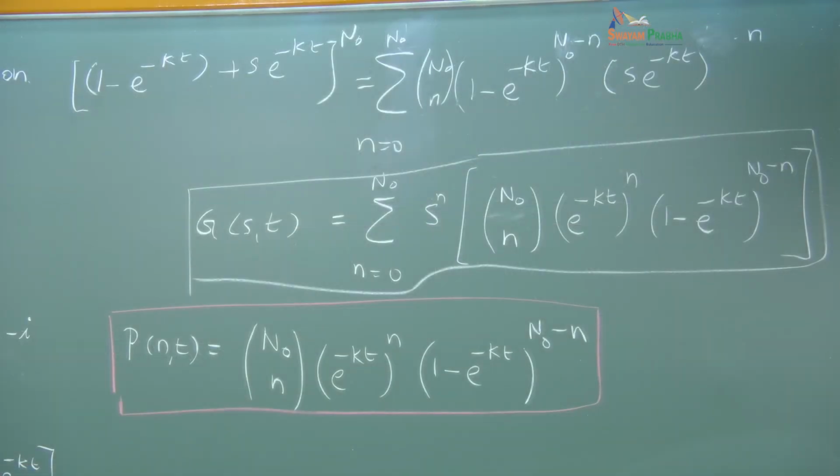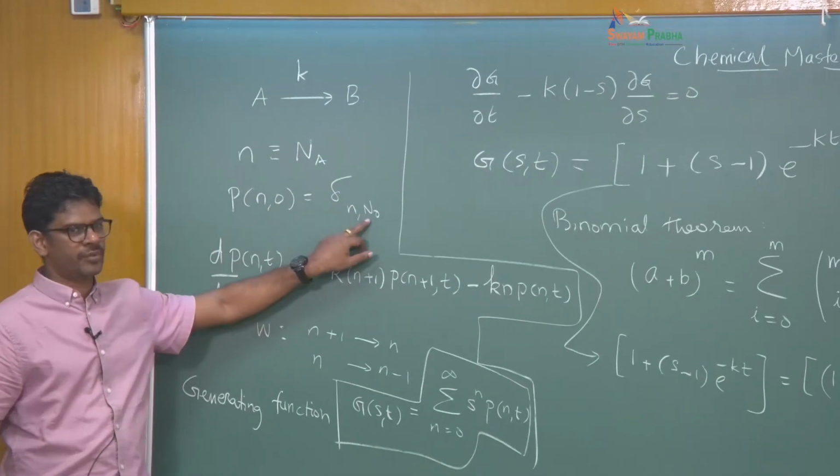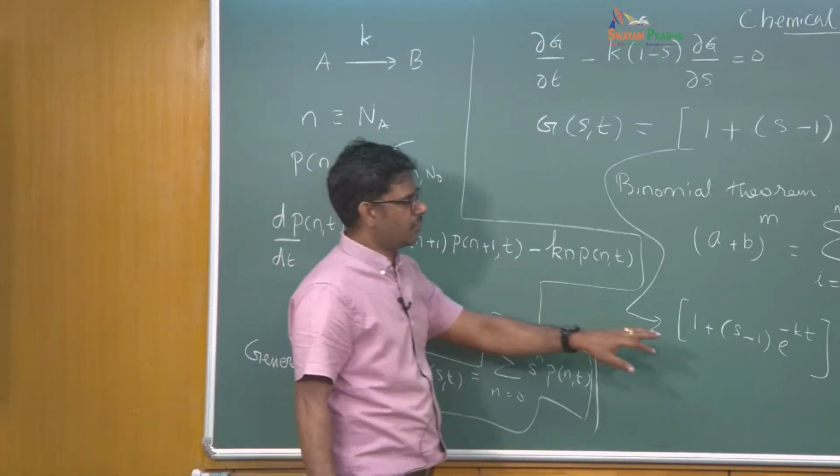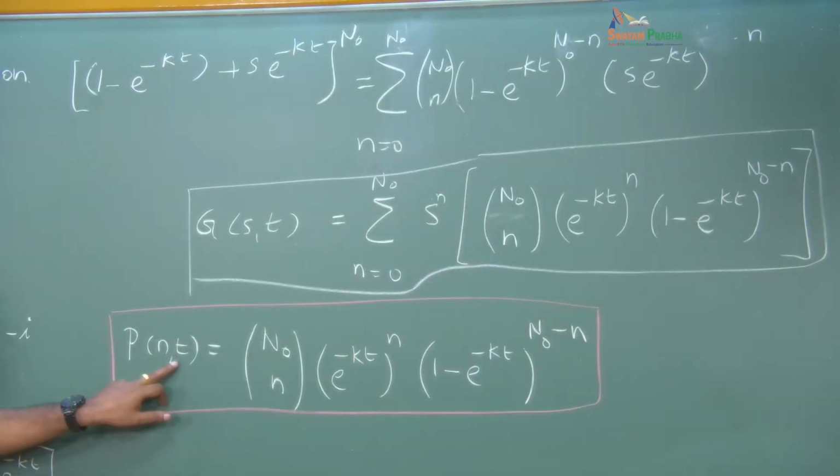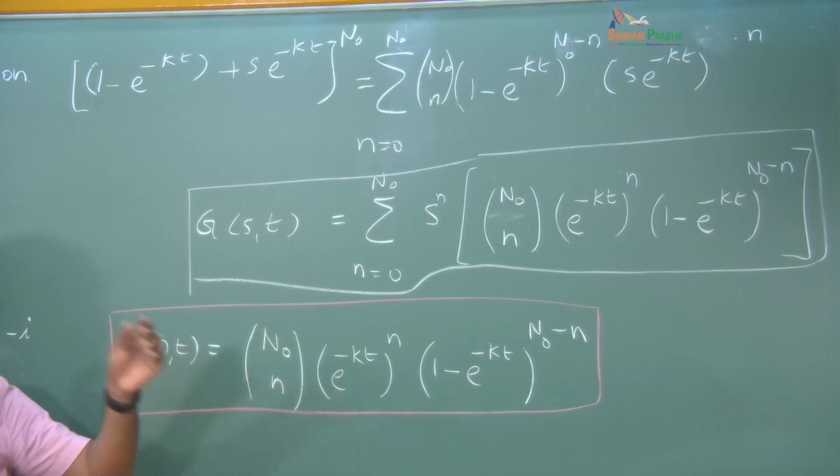So going back to this reaction A going to B, starting with n0 number of A molecules, this probability function tells you how n is going to vary as a function of time t, and that is basically a binomially distributed random variable.